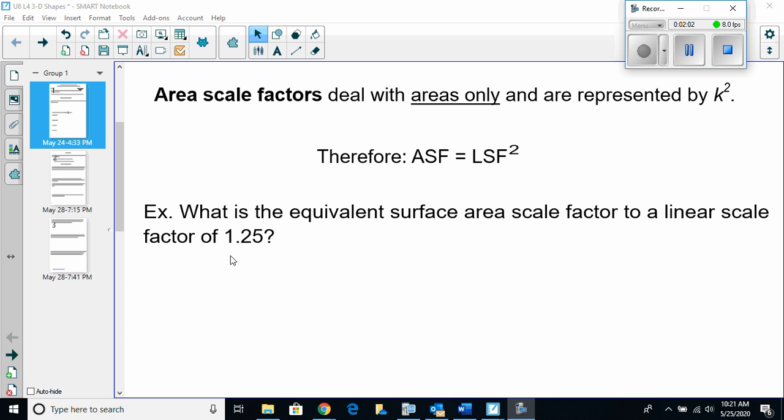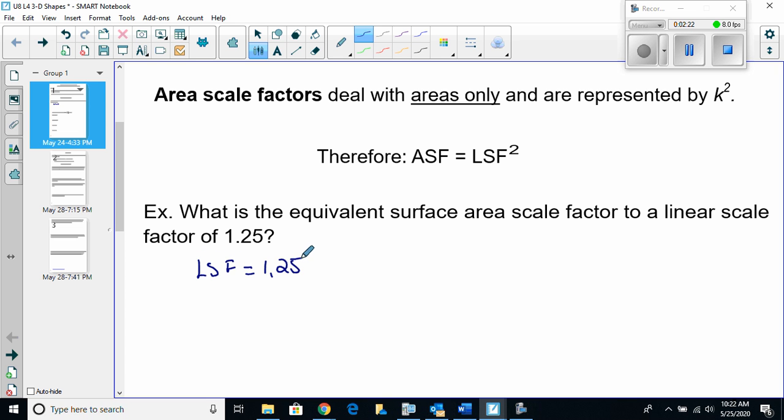Let's talk about the first example that we have here. What is the equivalent surface area scale factor to a linear scale factor of 1.25? So the linear scale factor is 1.25.